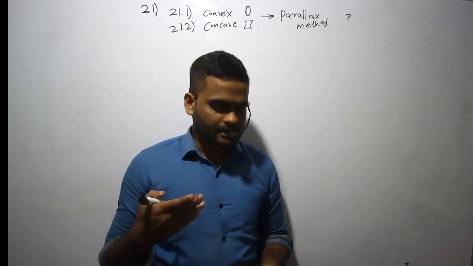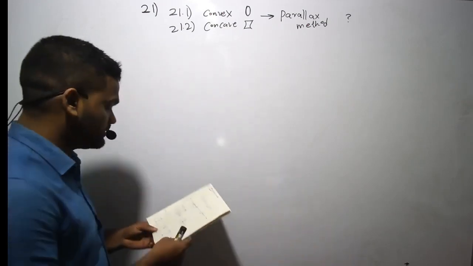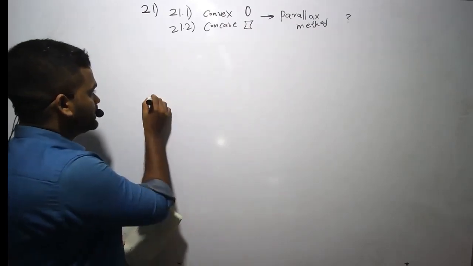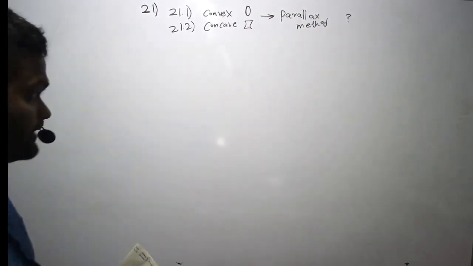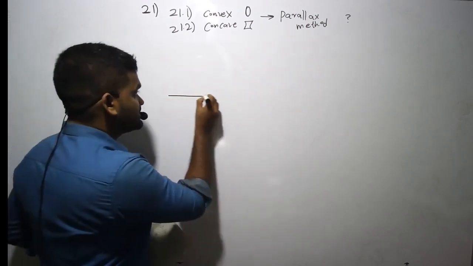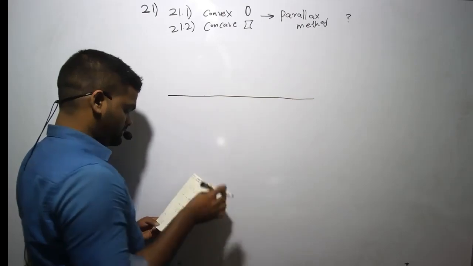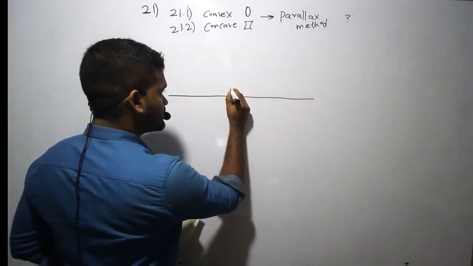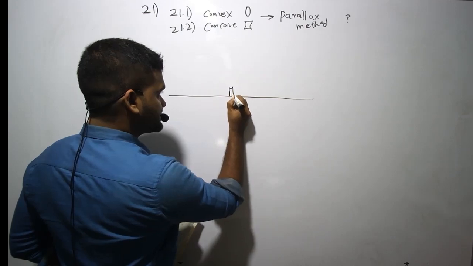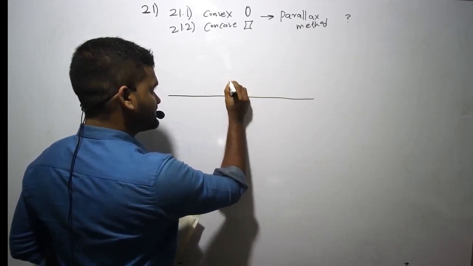Then I'll draw a cross section of this experiment in a more detailed diagram. So let's say this is the surface of the table. Then you place the stand, let's say like this.